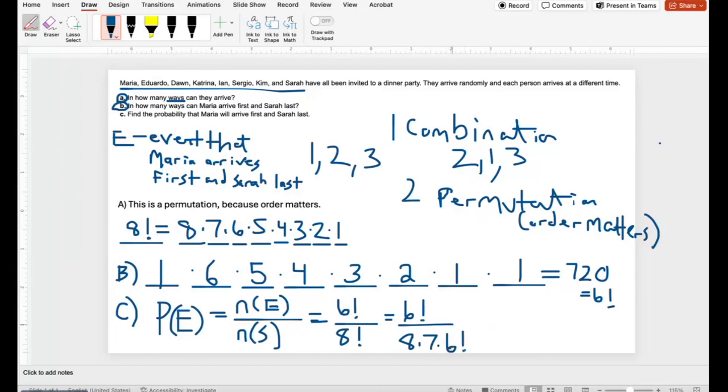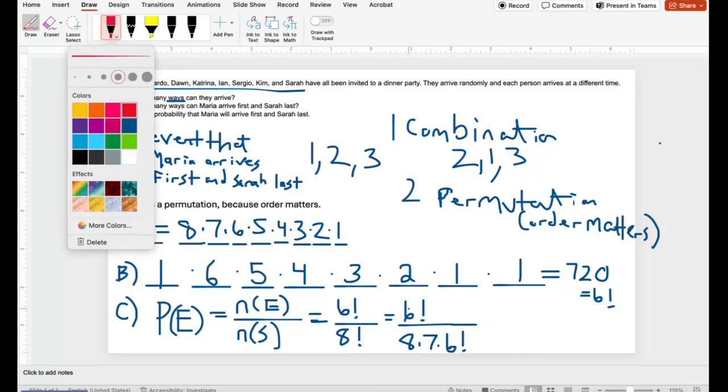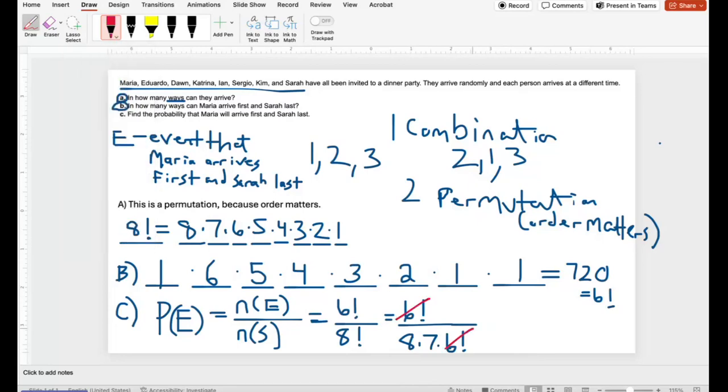Okay. That's what you want to do, and then you can start simplifying. We've got 6 factorial here, 6 factorial. And our final answer is 1 over 8 times 7, which is 56.